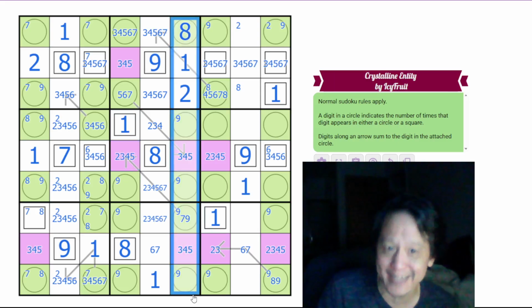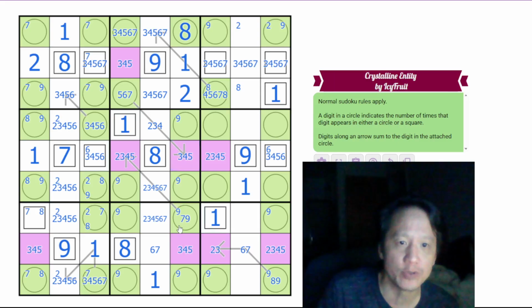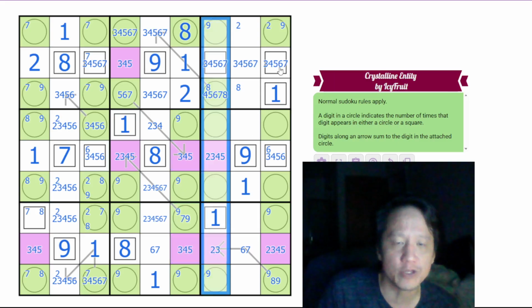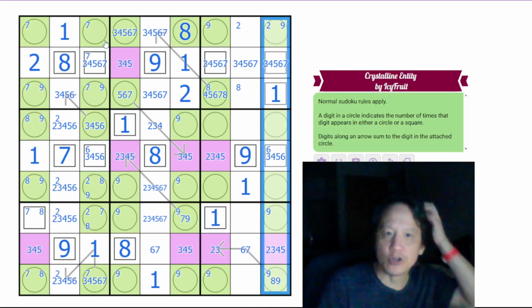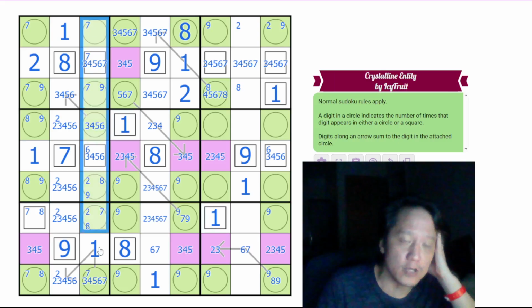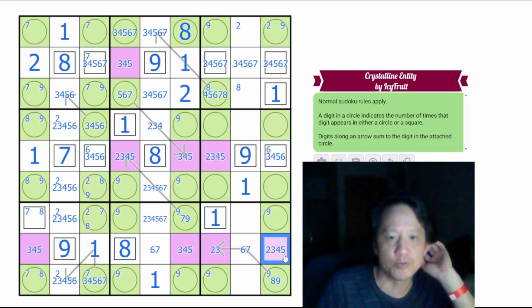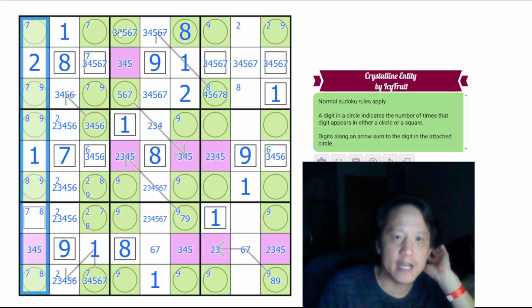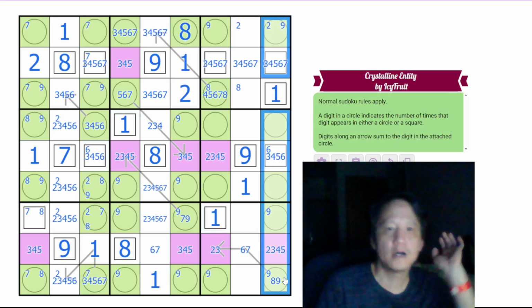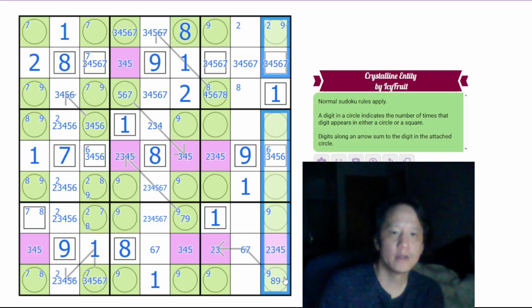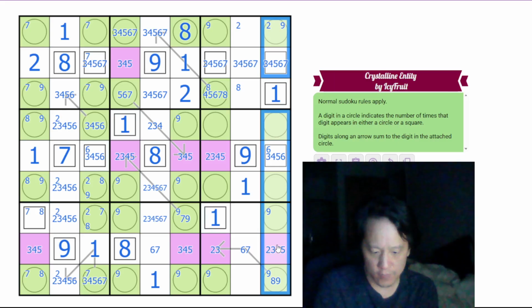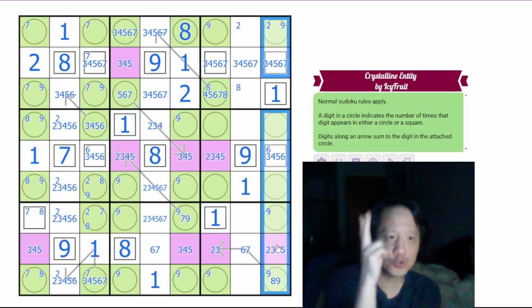In column 6, we have 2 spaces open, both in row 5 and 8. Same with column 7 and column 9. We're guaranteed a 3 in column 3. And we only have 3 rows where 3 can be out of the remaining 5 columns. So we're guaranteed 2 3s in those 5 rows in circles.